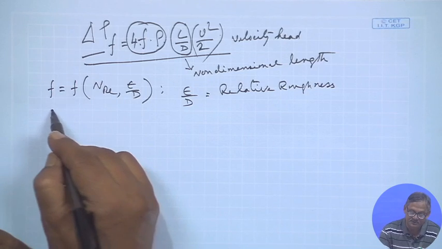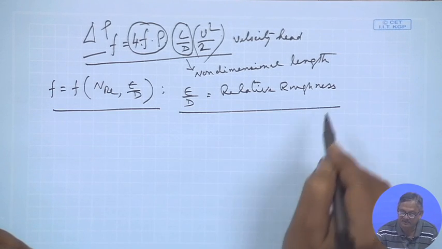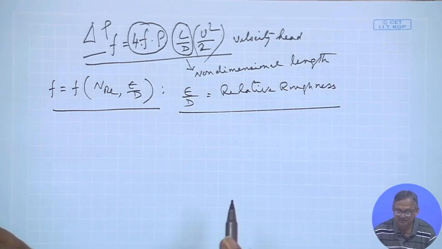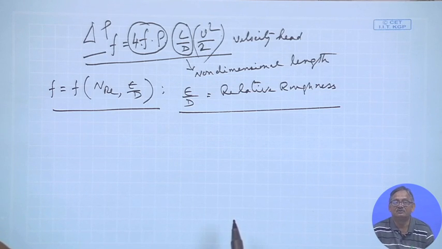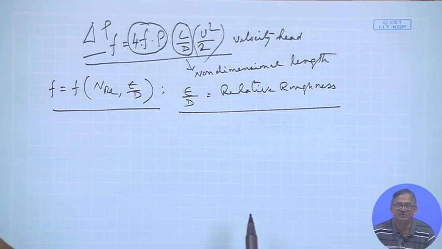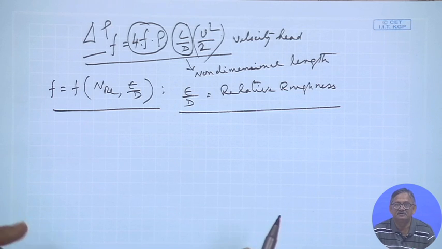So, once we know this fanning friction factor relation, then we can also find out for the turbulent flow how the fanning friction factor is related to the pressure drop, right.